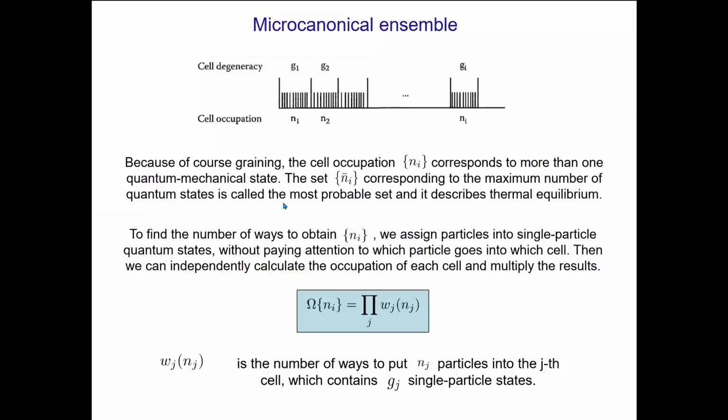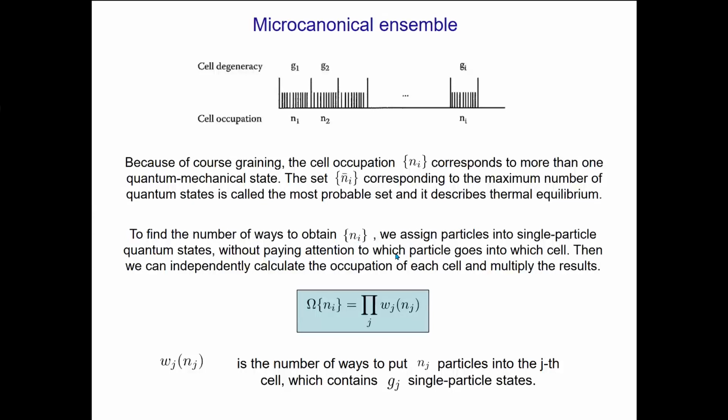This set we call the most probable set, and this set describes thermal equilibrium. So with given cells and their degeneracies G_1, G_2, G_i, we need to find the number of ways to obtain a particular sequence of occupation numbers.